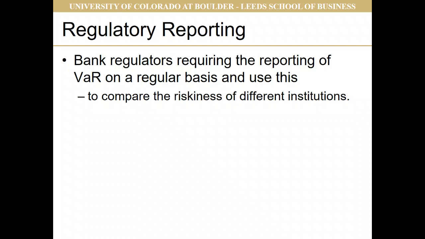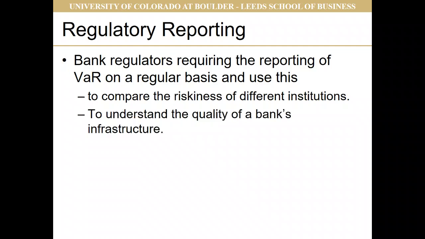If I am Bank A with a certain amount of capital and a very large value at risk versus Bank B with the same amount of capital but a very small value at risk, they might look at me and infer that I am taking more risk, and thus they need to be more careful about managing me, about regulating my bank. They also want to know, just like the clients, the quality of the bank's infrastructure, how easily we can produce the value at risk numbers.